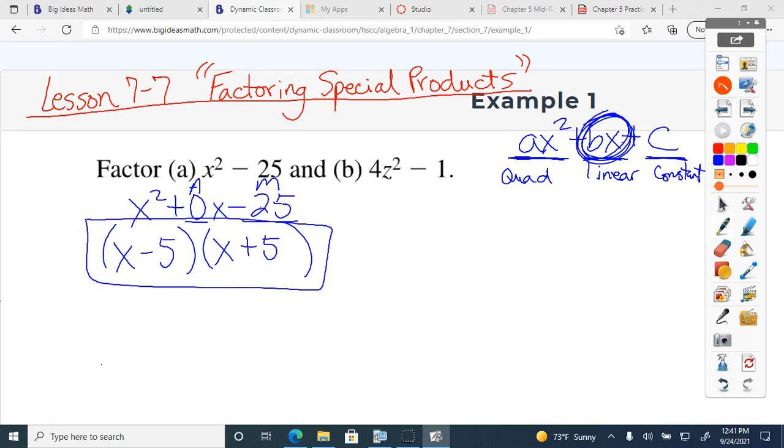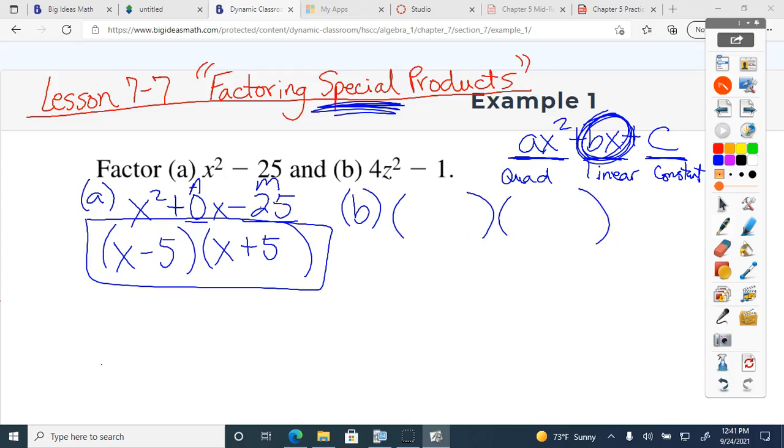The reason this is special is because I don't have to go through all that trouble. I can do it simpler. So that was part A. For part B, rather than putting the plus 0z in there, I'm just going to factor it straight up because I can.